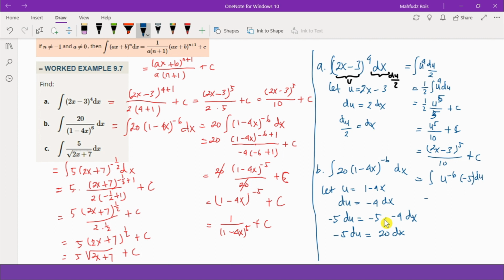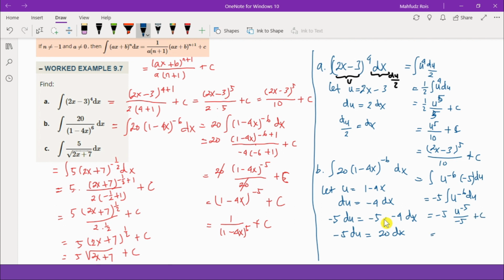Minus 5 is a constant, so we may take it in front of the integration. So in the end we have minus 5 times the integration of u to the minus 6 du, which should be u to the minus 6 plus 1, so minus 5, over minus 5, plus c.